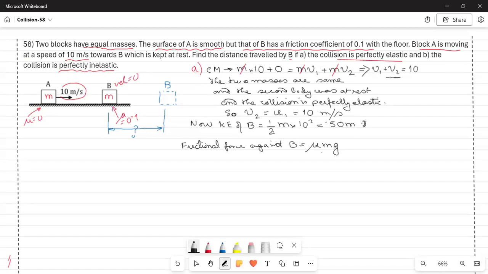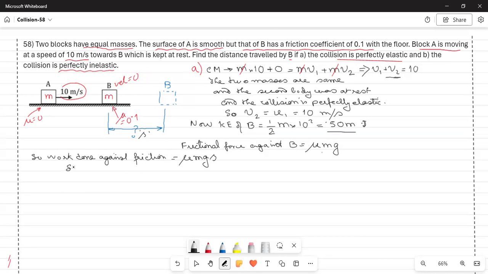So what is the work done by B? If it moves a distance of, say, s, then the work done against friction is mu mg s. And this mu mgs has to be equal to its kinetic energy 50 m.